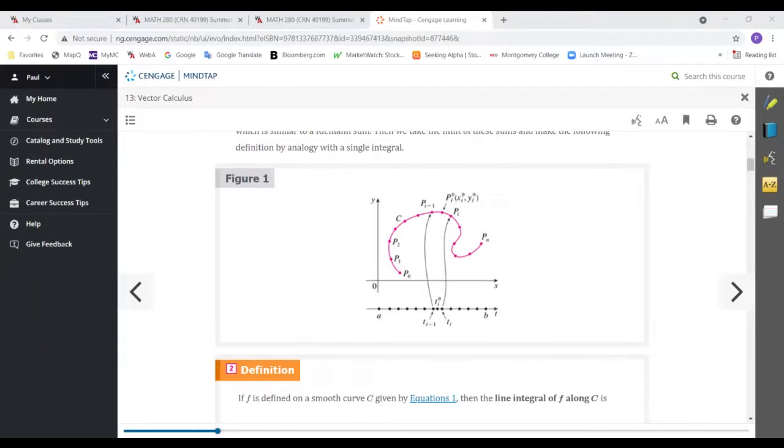So at the initial point P sub 0, time is equal to A, and then at the last point P sub n, time is equal to B. Okay, and when you move along that curve, it could be, for instance, a particle moving along that curve. The particle moves along that curve corresponding to some parametric equations that are functions of t.